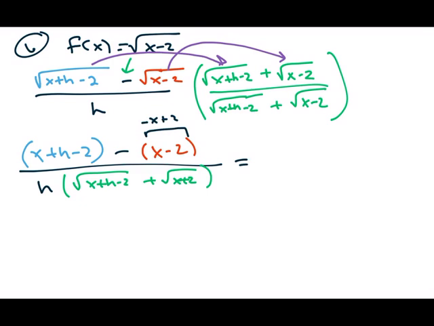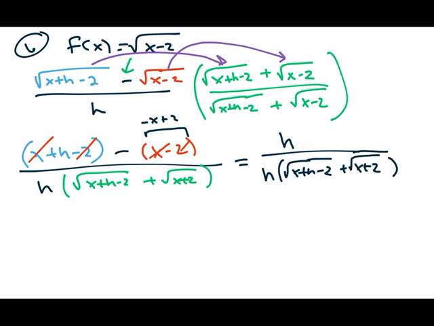If I distribute this negative, I would get minus x plus 2. So the x's are going to add to be 0, and the 2 and negative 2 are going to add to be 0. So that's going to leave me with just h in the numerator, and h times all of this conjugate stuff in the denominator.